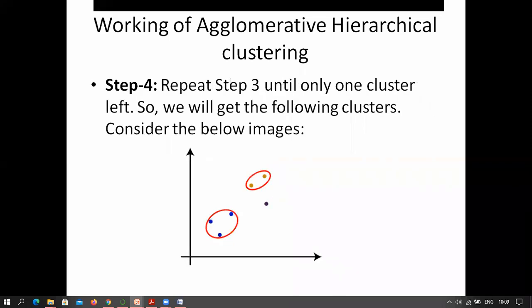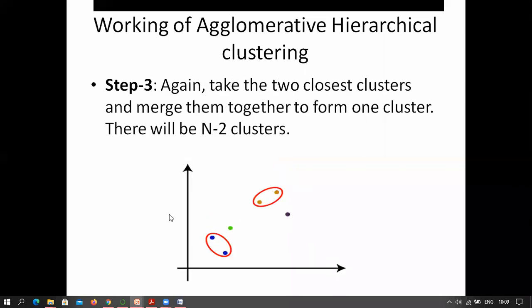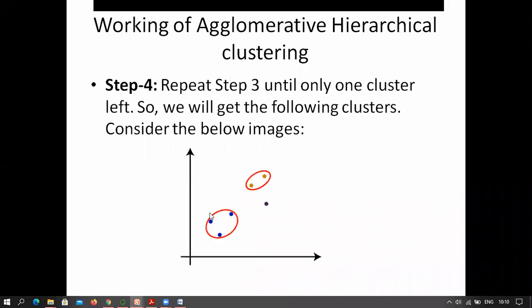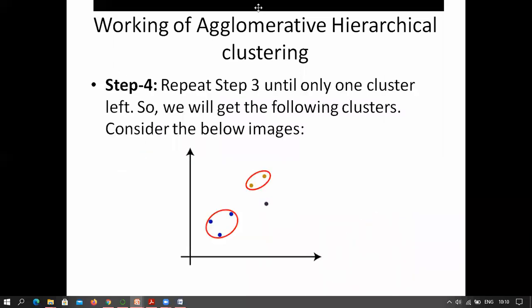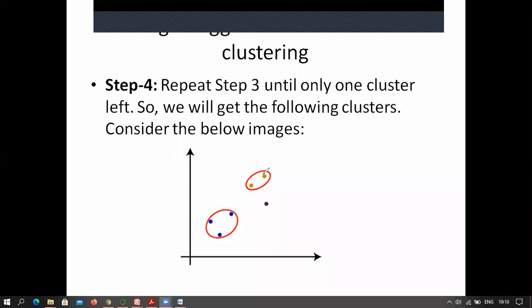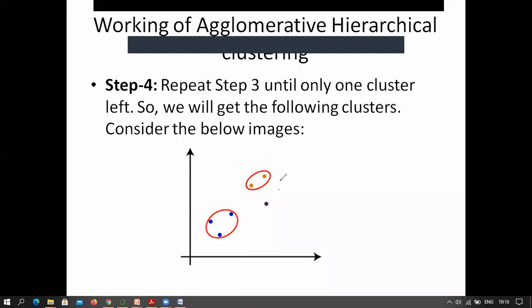Again, repeat the same thing. Now, when you are finding the distances, you will find that the distance between this and this is very less, so you will combine these 3 into 1. So I have combined these 3 into 1. Now, how many clusters are there? 1, 2, 3. Again, repeat the same procedure. Suppose we find that these 2 clusters have the shortest distance, so I will combine these.